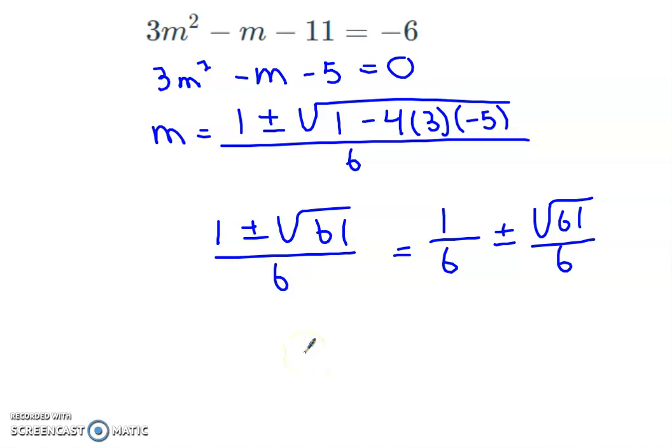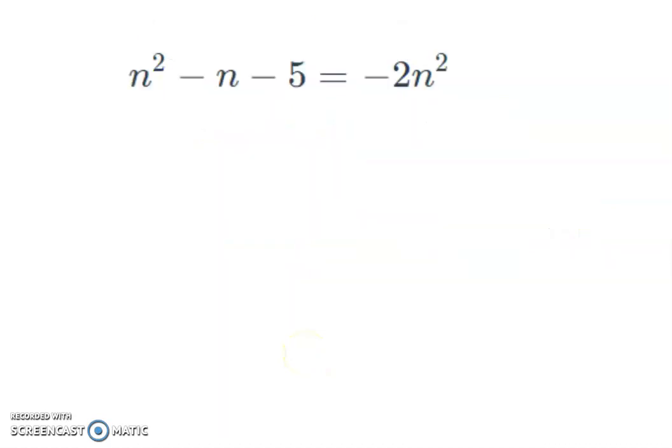So I wanted you to see these things so that you would have a better handle on how to do them. So when you add 2n squared there, you're going to get 3n squared minus n minus 5 equals 0.